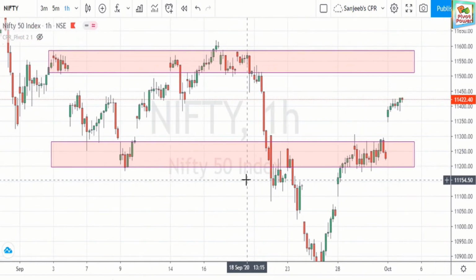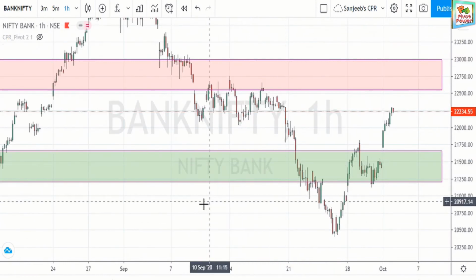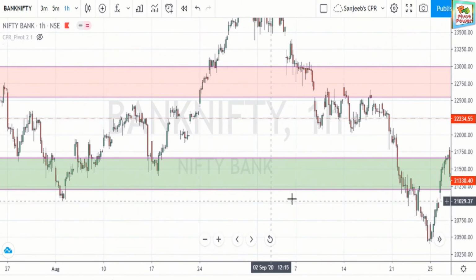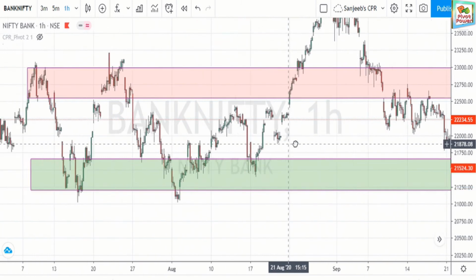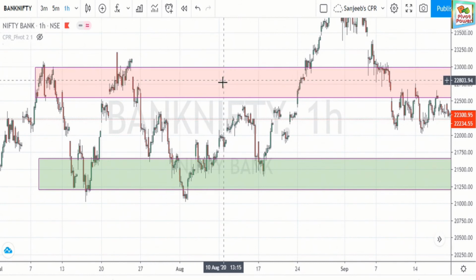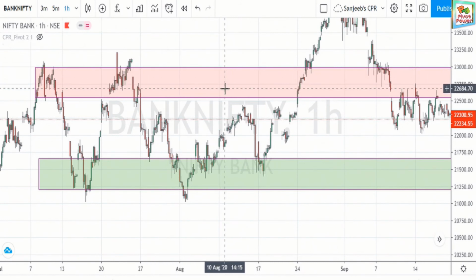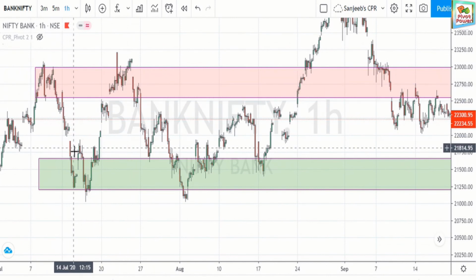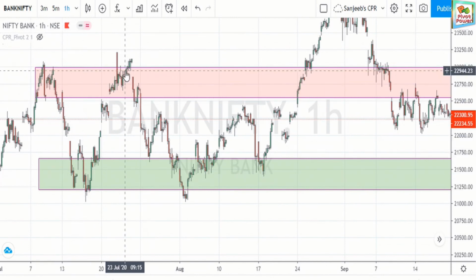You can identify these on Bank Nifty also. See, now we go to Bank Nifty. In this, I have already marked where the demand zone and the supply zone are. This color is the supply zone. When the price comes to this level, it goes down.